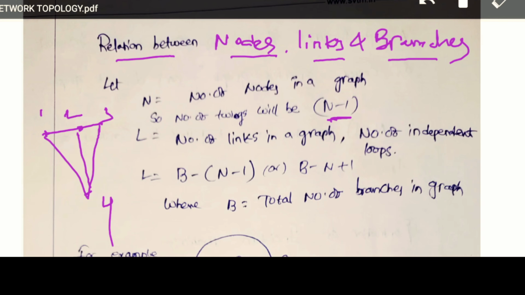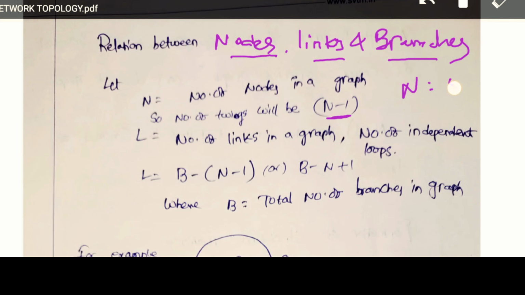Therefore, the number of nodes in the graph is n equal to 4. 4 minus 1, that is 3 twigs, are possible to construct a tree. That is the important thing, n minus 1. The number of twigs or branches in a tree is n minus 1. We have to remember that. Suppose n equal to 5 nodes; then n minus 1, 4 twigs, are possible for a tree.